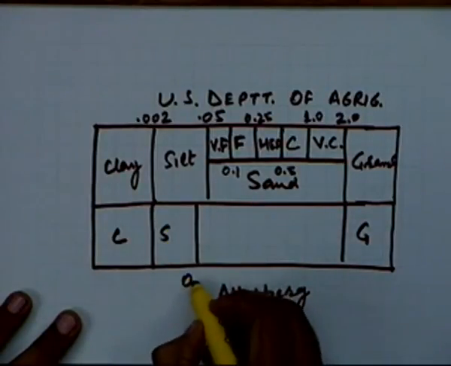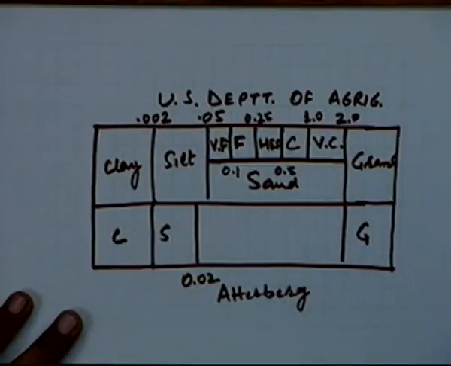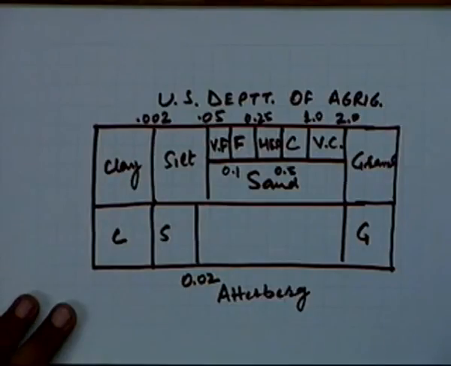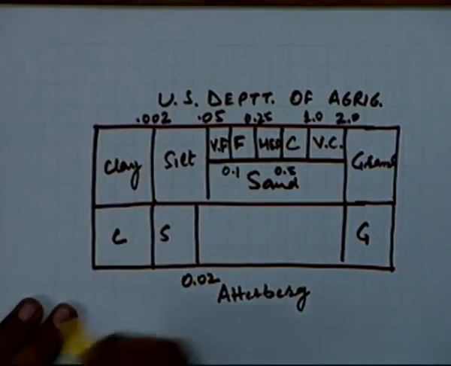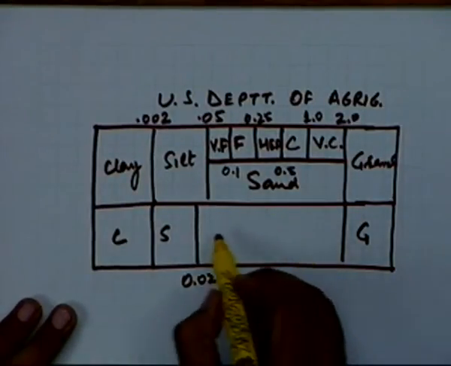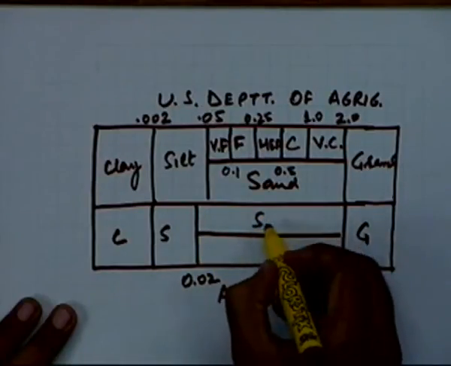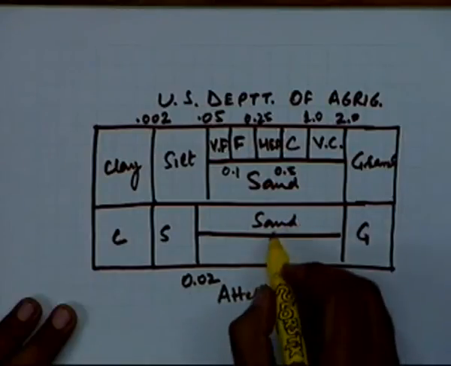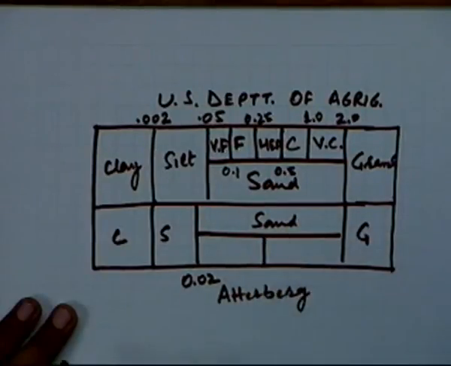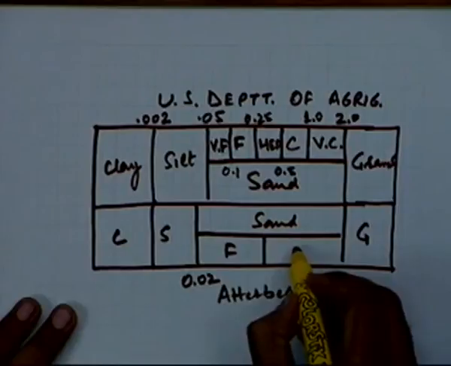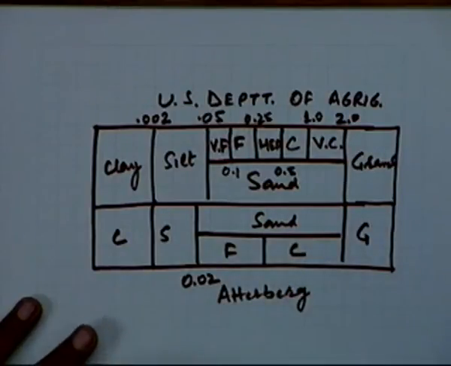Silt, as per his classification, was only between 0.002 to 0.02, and the sand he only subdivided into two subcomponents, fine sand and coarse sand.